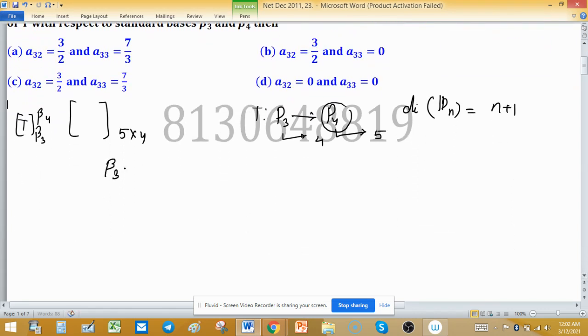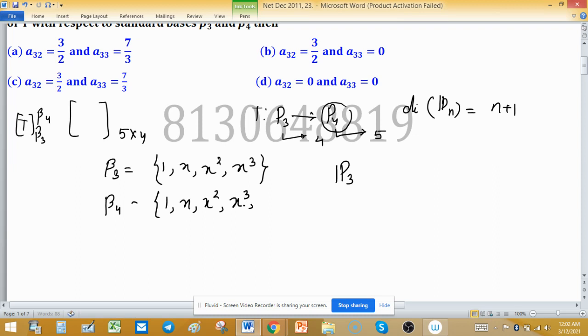So beta 3 will be 1, x, x square and x cube. This is the standard ordered basis for P3, and beta 4 will be 1, x, x square, x cube and x raised to the power 4.